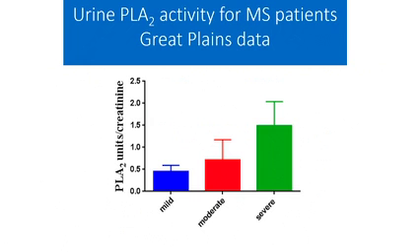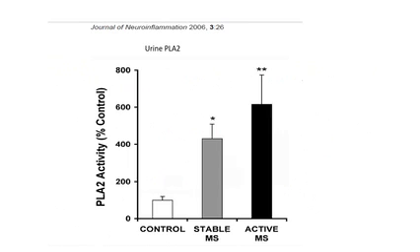And this is very interesting because we found high amounts of phospholipase A2 in patients with severe multiple sclerosis. You see here the amount of phospholipase A2 in the urine, extremely high in people with severe multiple sclerosis, lower in people with moderate, and people with mild had the lowest amount of phospholipase A2, which was really close to normal values.